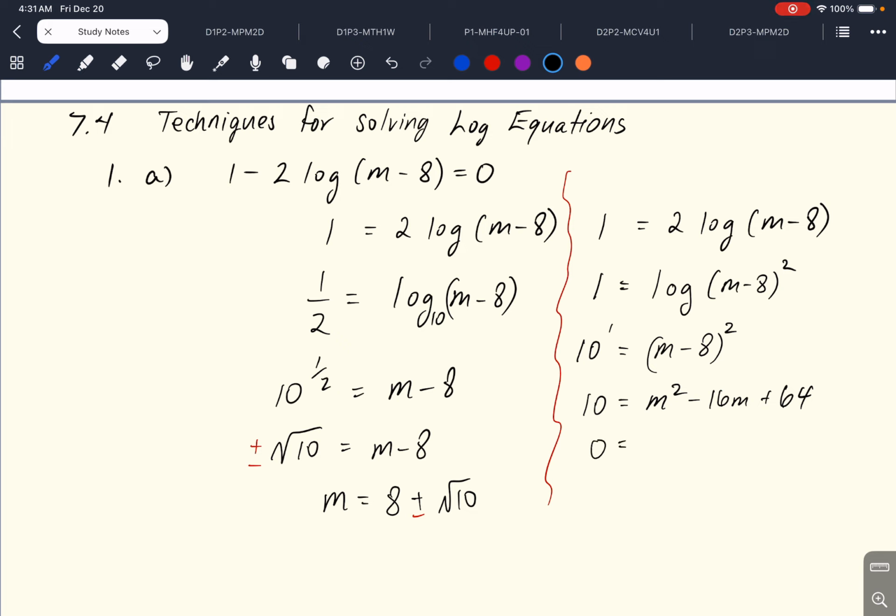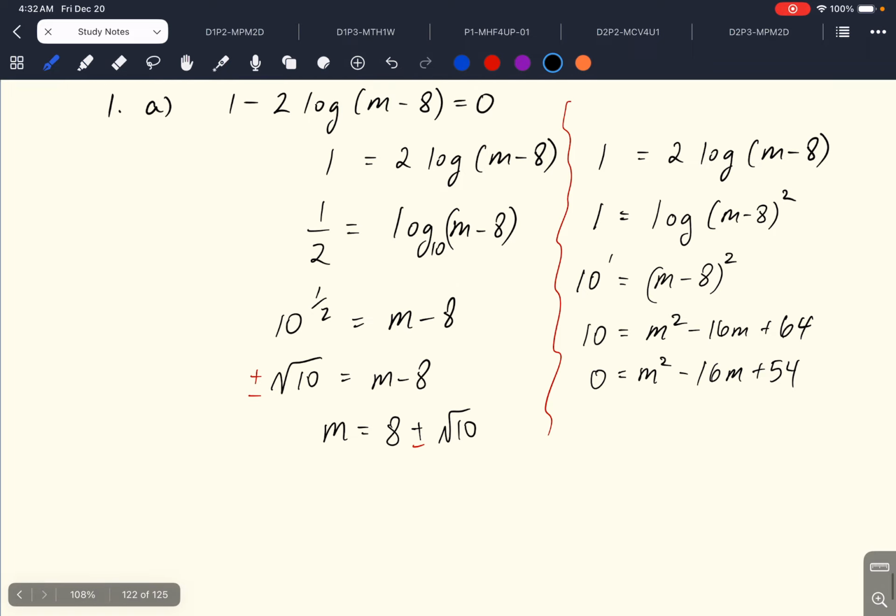So let's set this equation equal to 0. I bring the 10 over to the right side, and I have m squared minus 16m plus 54. Now if you apply the quadratic formula to solve for m, you'll get your two solutions: m equals 8 plus or minus the square root of 10.